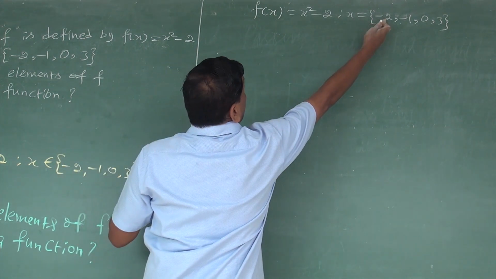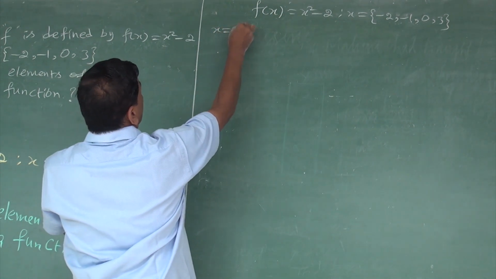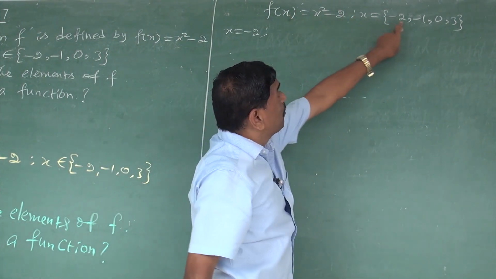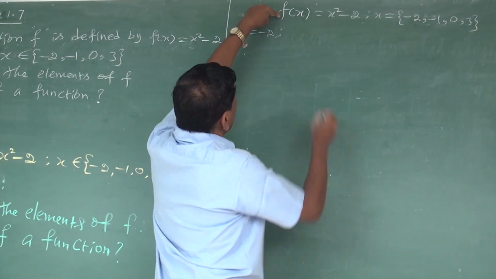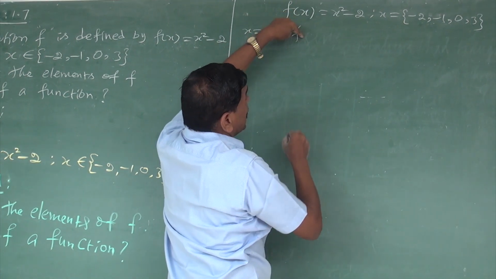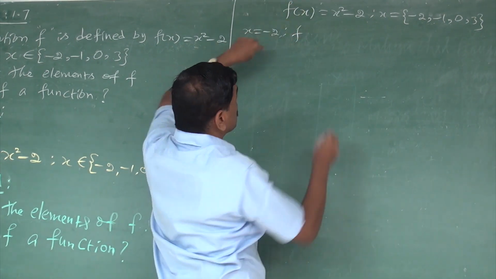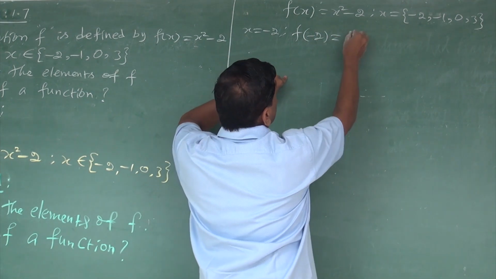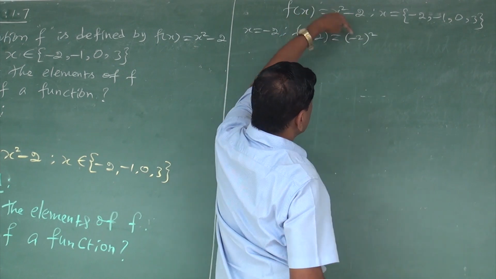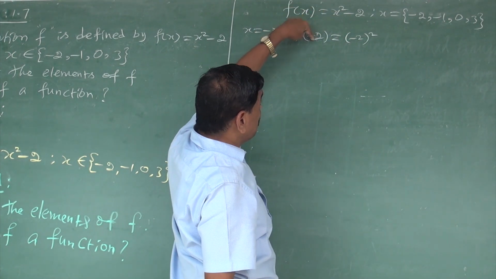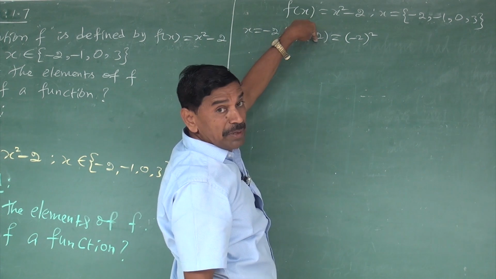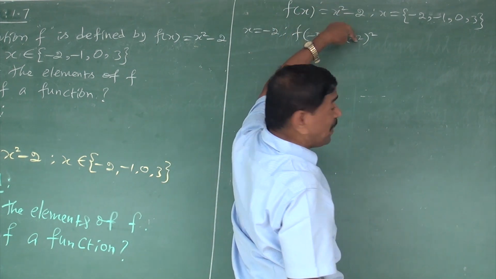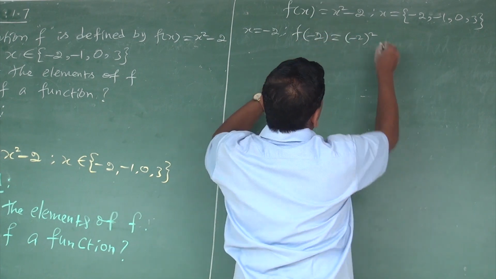So when x is equal to minus 2, substitute x equal to minus 2, that is x is replaced by minus 2. So f of minus 2 equal to minus 2 the whole square minus 2.